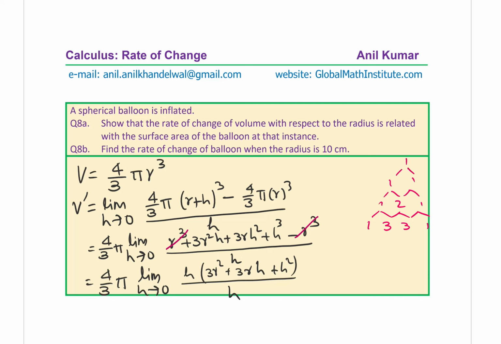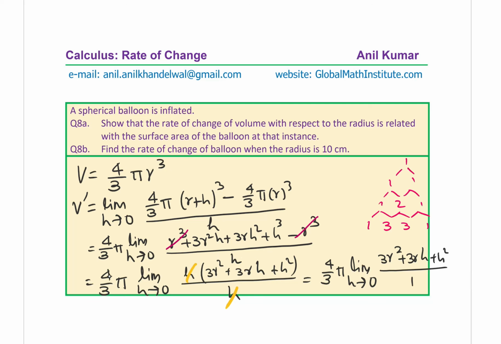And now h will cancel. So we are left with a very simplified form, which is 4 by 3 pi, and we don't have any h in it. We'll write limit h approaches 0. The terms are 3r square plus 3r h plus h square. No h in the denominator, I mean, right? So that cancels, it's just 1.